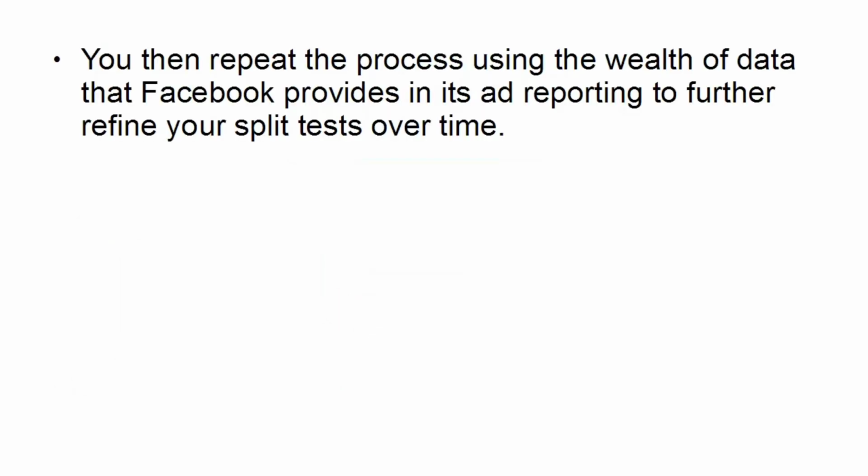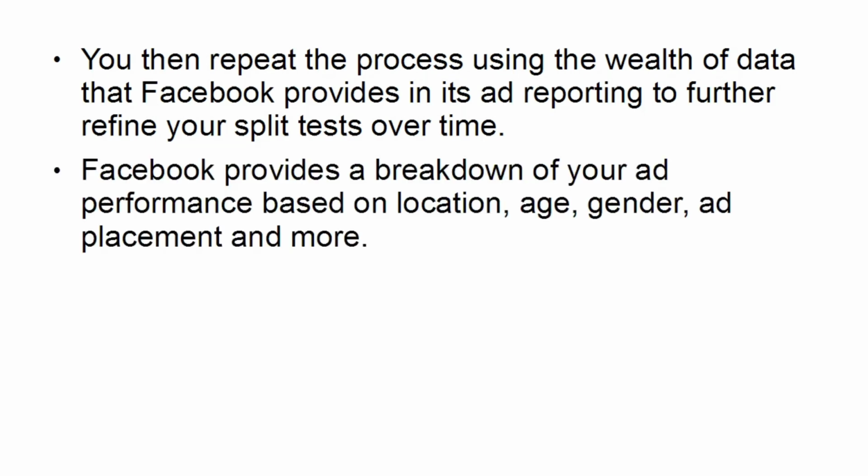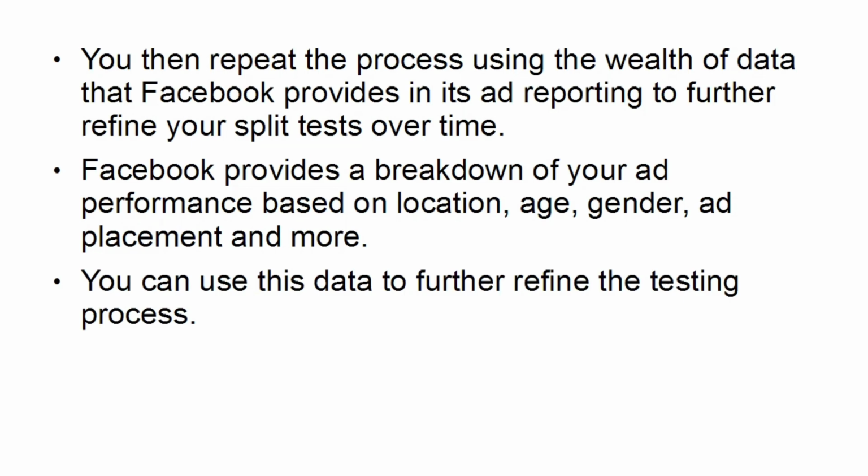And you then repeat the process using the wealth of data that Facebook provides in its ad reporting to further refine your split tests over time. Now, Facebook provides a breakdown of your ad performance based on location, age, gender, ad placement, and more.